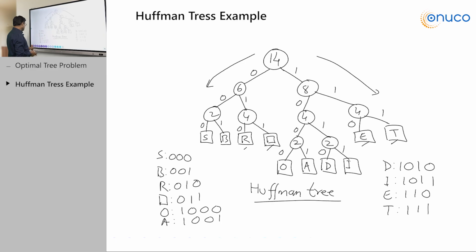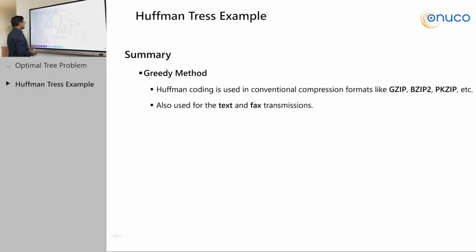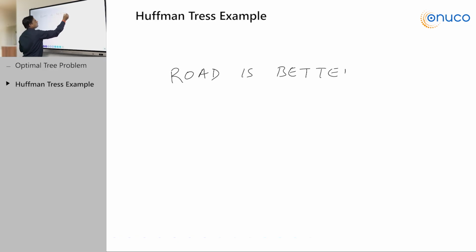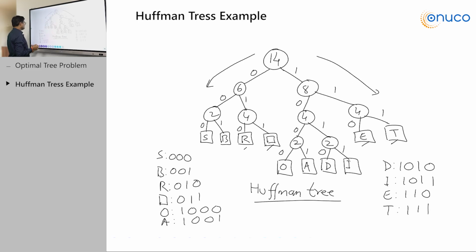So now the question was, the input message was "road is better". Let's see what is road.